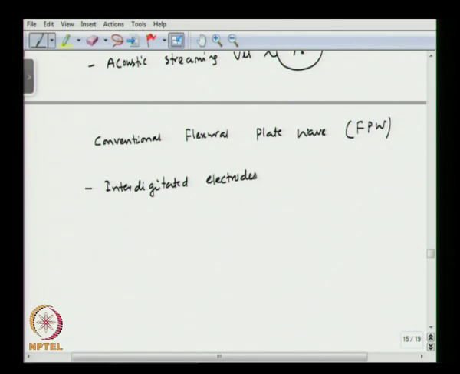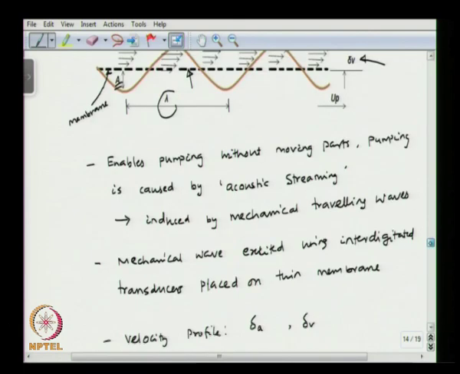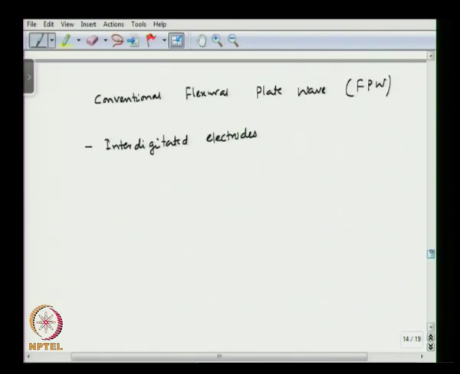On the surface of this membrane we would have interdigitated electrodes that will cause the acoustic waves, and let us say we have a configuration something like this.